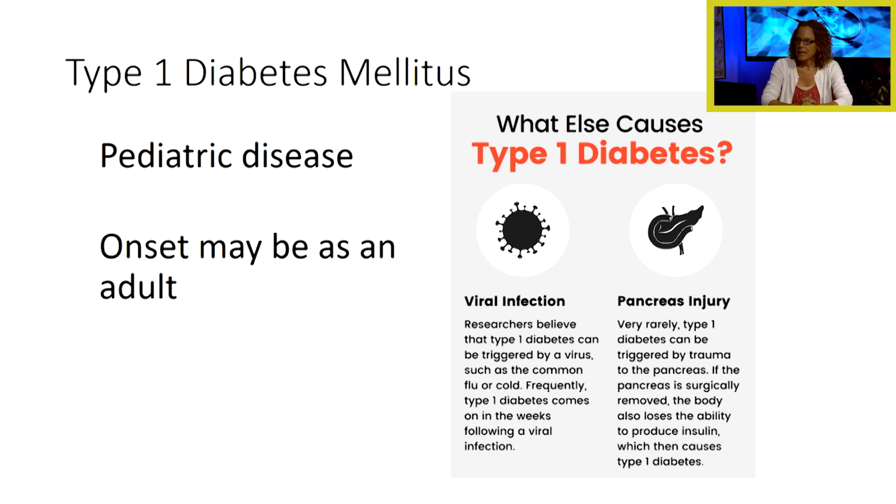However, he was very, very thin, and he had no other risk factors for developing type 2, meaning that he did not overeat, he was not overweight, he lived a healthy lifestyle.